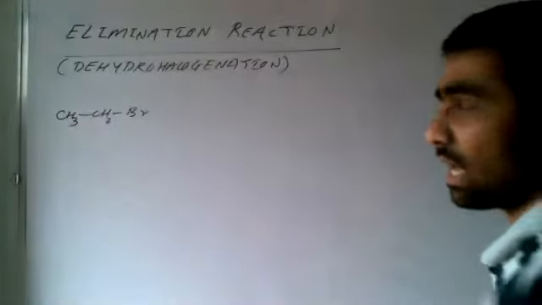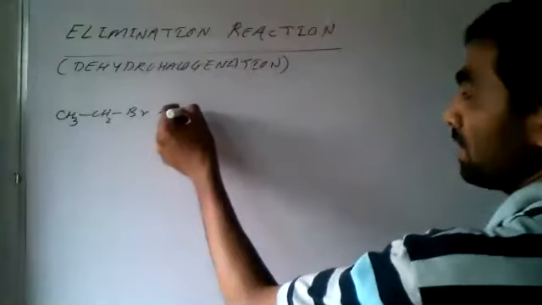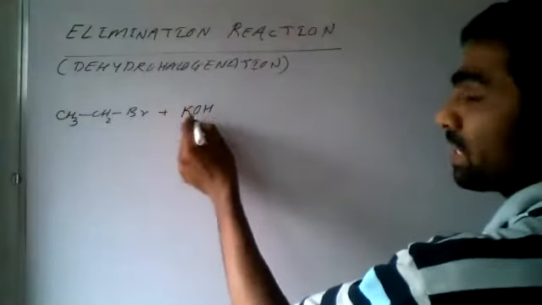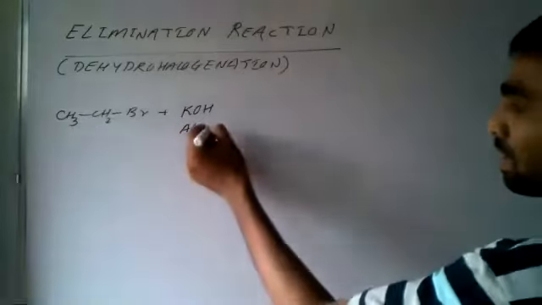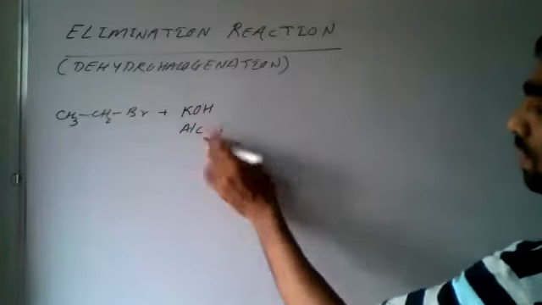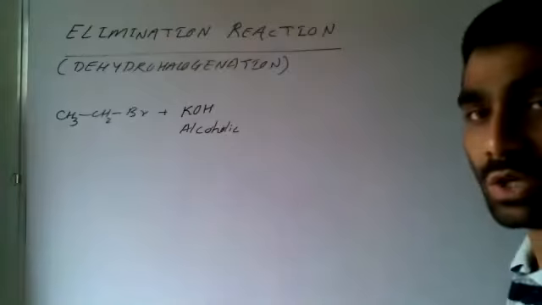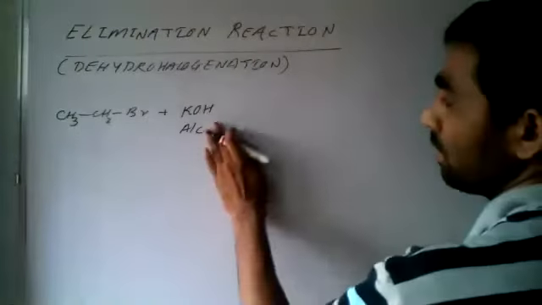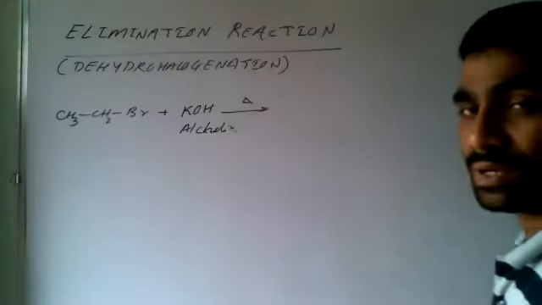When alkyl halides are reacted with or heated with alcoholic alkali, let us take KOH. Alcoholic means we have added solid KOH in alcohol. Now, when you heat it, what will happen?